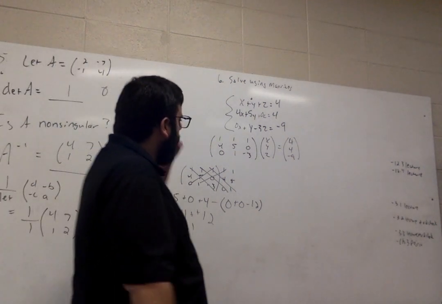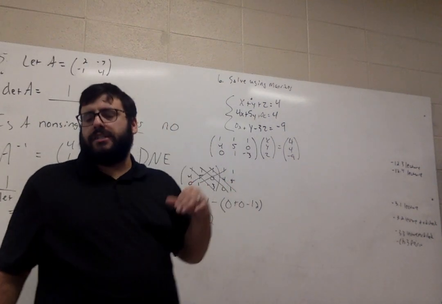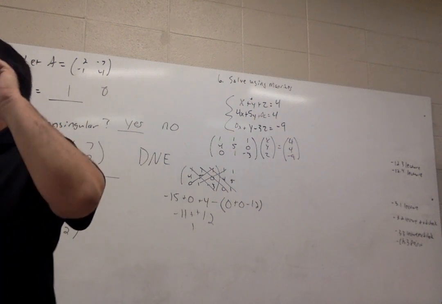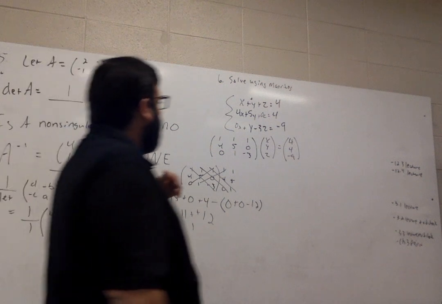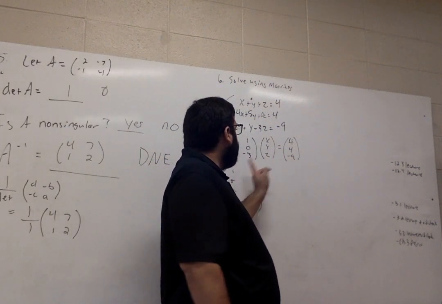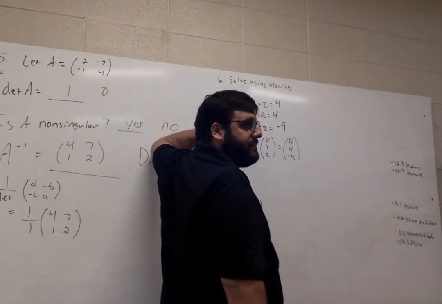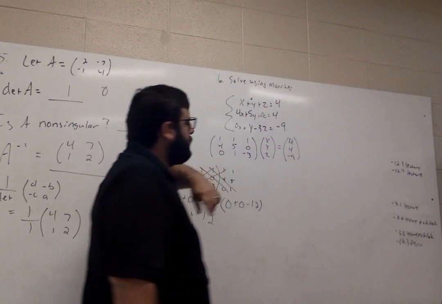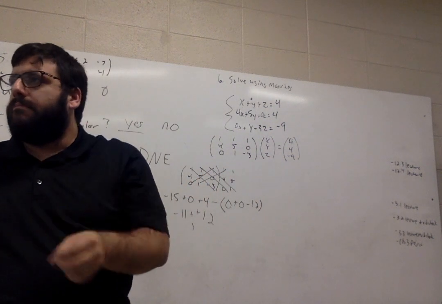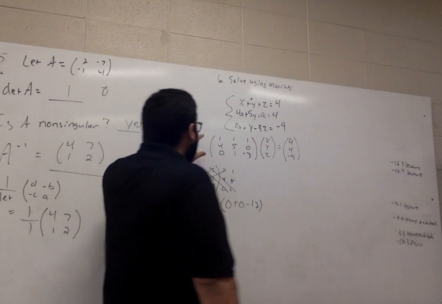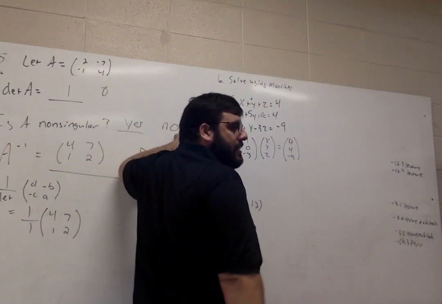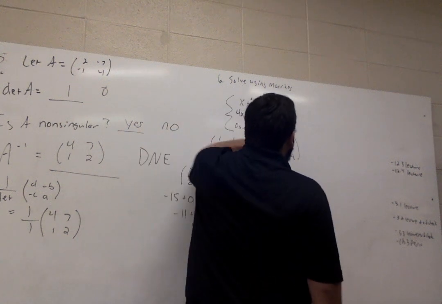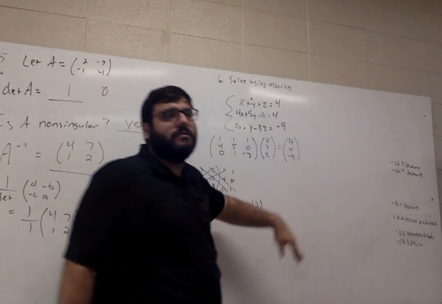When I solve this matrix equation, remember, I cannot divide matrices. But what I can do is multiply both sides by the inverse of this. Be aware, because I'm multiplying the inverse on the left side of this matrix, I also have to multiply the inverse on the left side of this matrix.